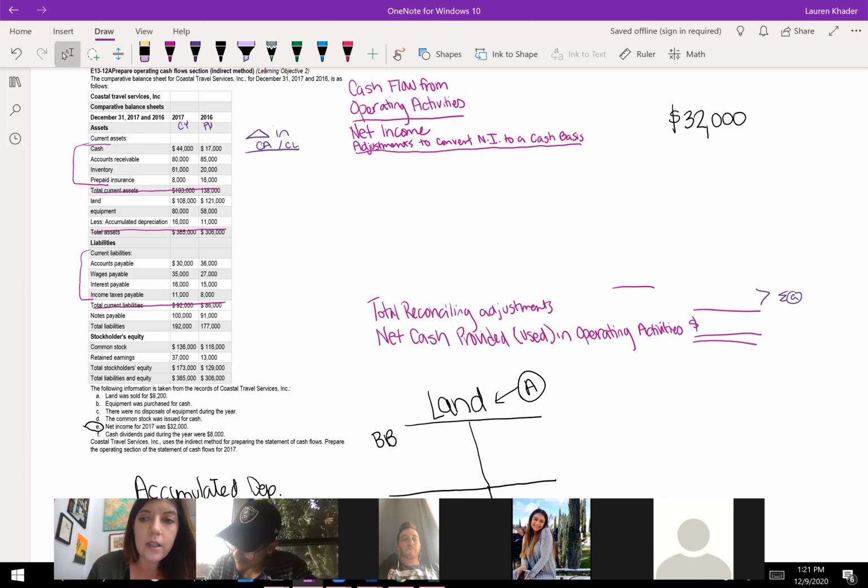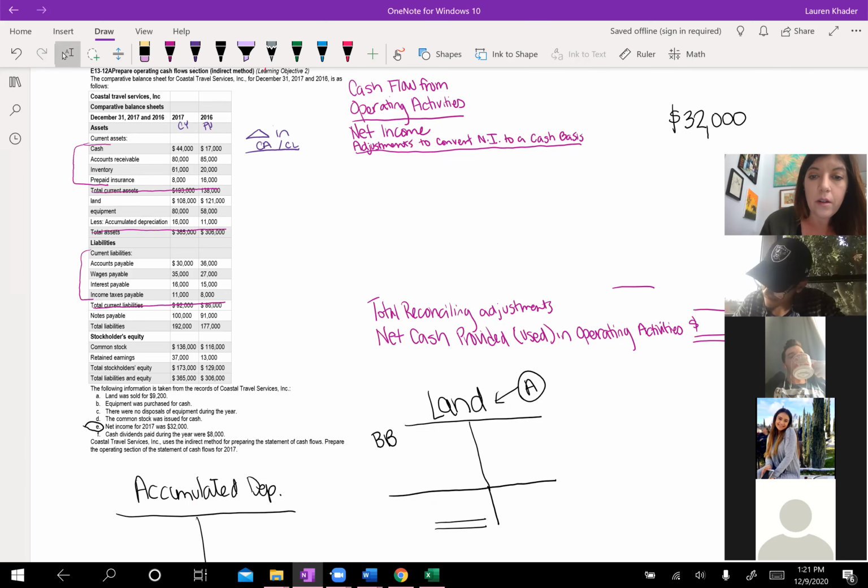So you will need to include a T account just to calculate this. We're going to go up to the balance sheet and find the information for land. The beginning balance for land, which was from 2016, was $121,000.